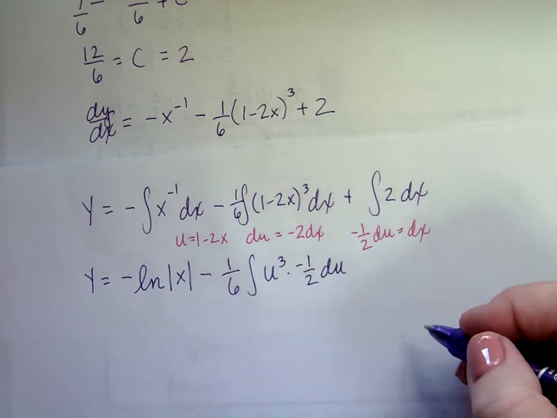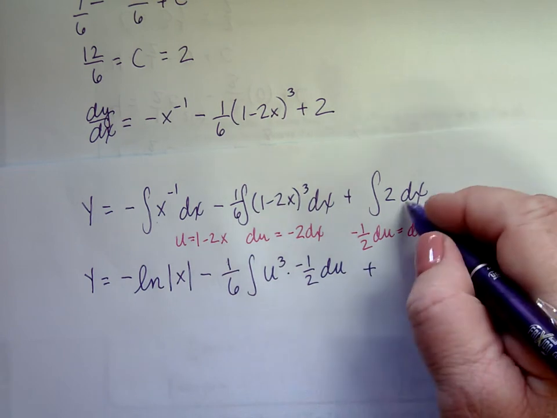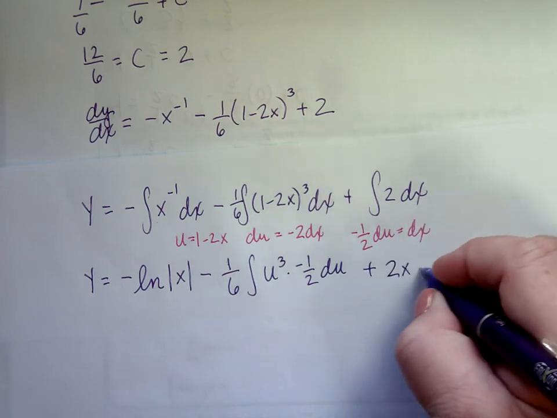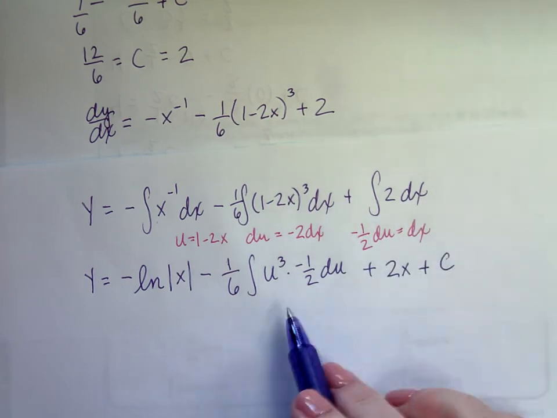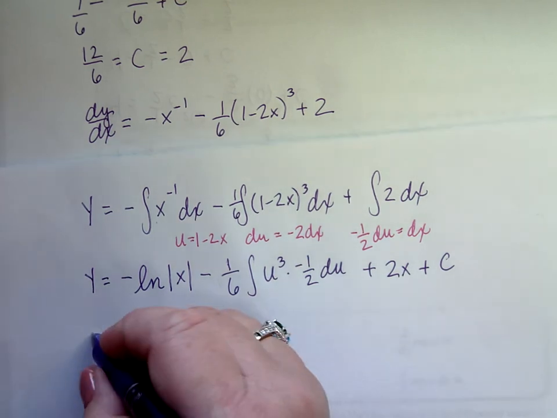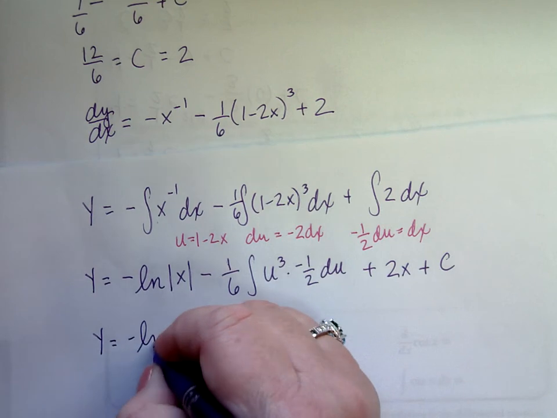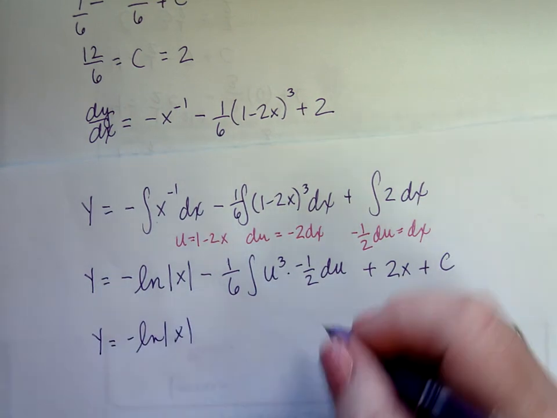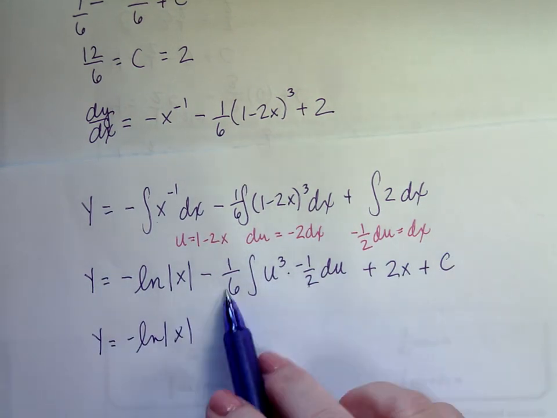And then this one's easy to integrate, it's just going to be a 2x. So I still need to work on this middle part a little bit. The next thing that I see with it, negative ln of x, this one has a negative 1/2 that I can pull out to join up with the negative 1/6. They become a positive 1/12.